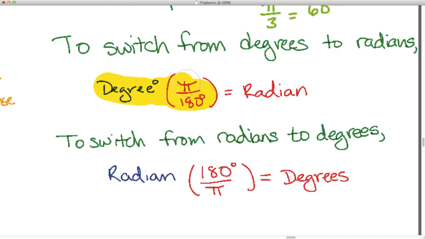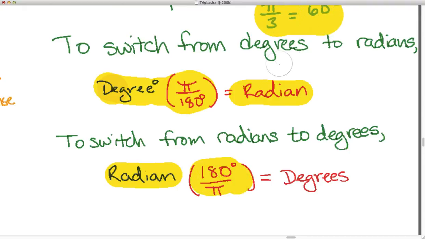Take your degree and multiply it by pi over 180, and you get your radians. If you want to go from radians to degrees, take your radian measure, whatever pi, or pi over 3, and multiply it by 180 over pi. And that's how I got that 60 from pi over 3.